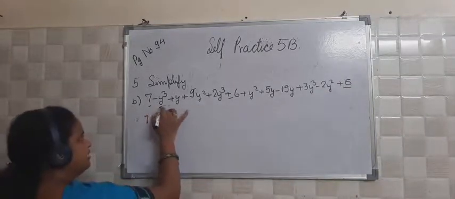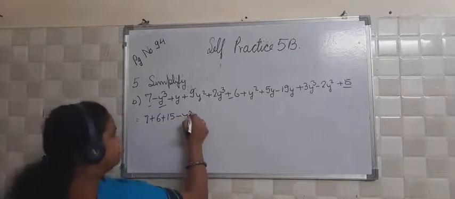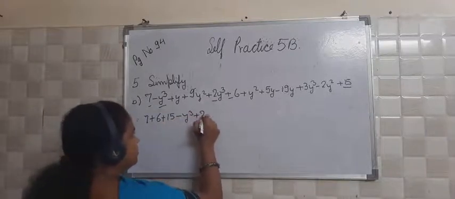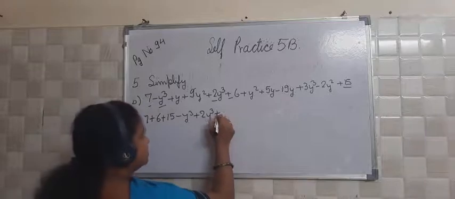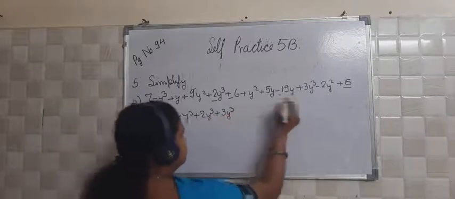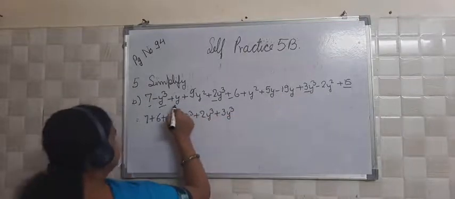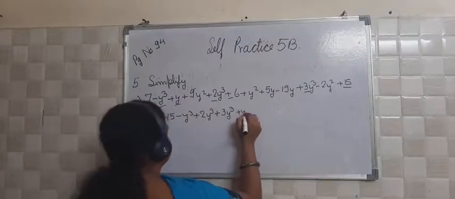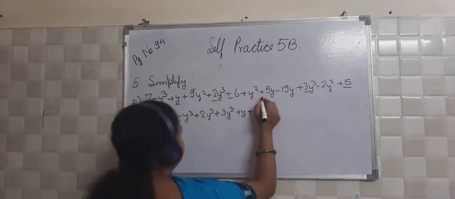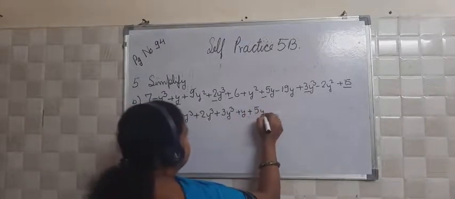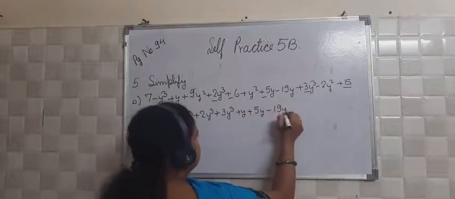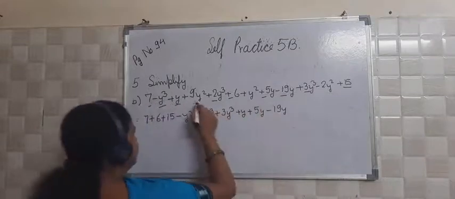Then y cube minus y cube plus 2y cube plus 3y cube plus y. Now y square.